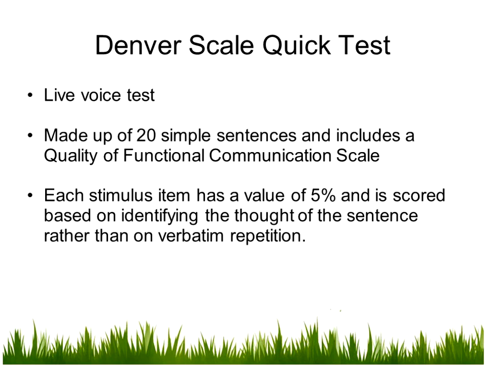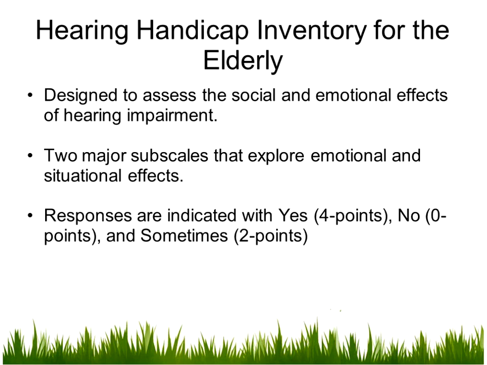So it's not a verbatim repetition. You're looking, did you understand these familiar common sentences? And SLPs can use that as a, again, quick and dirty lip reading test, and you can do it as a lip reading test, a speech reading test, or an auditory only test.